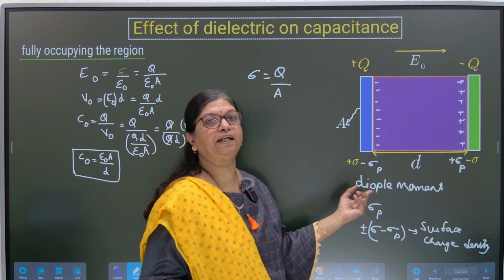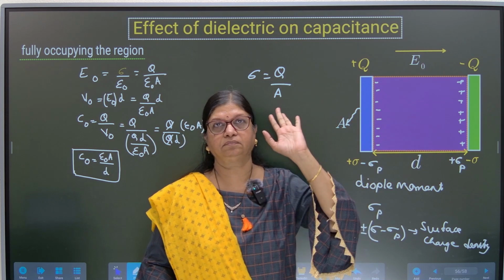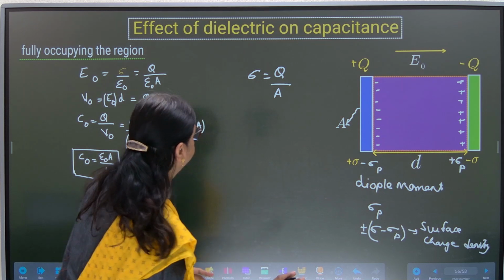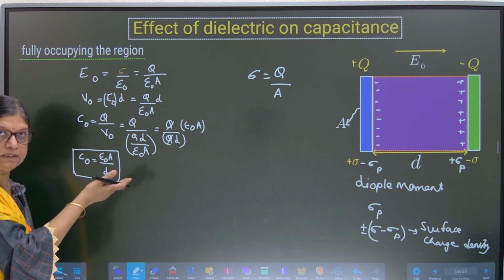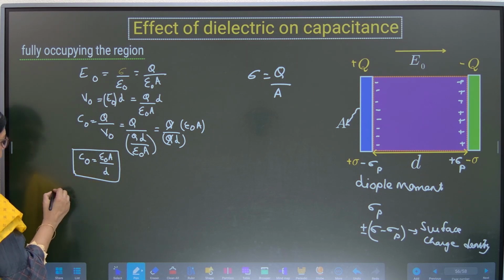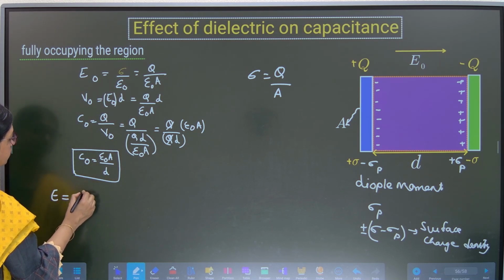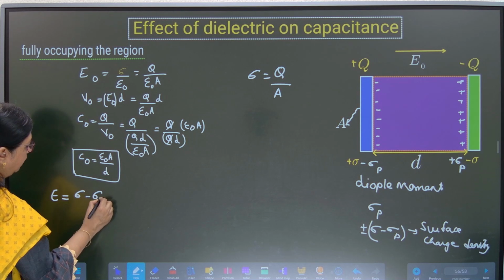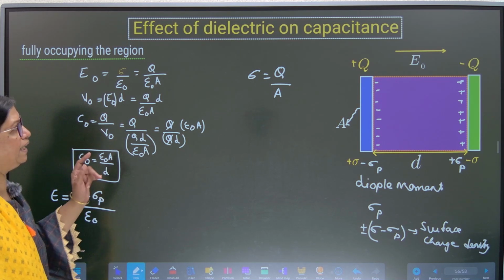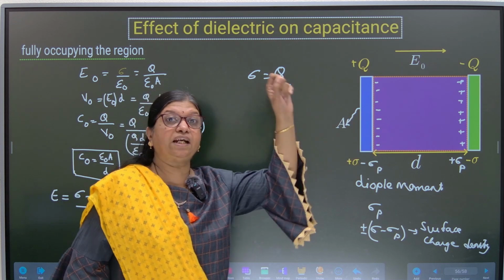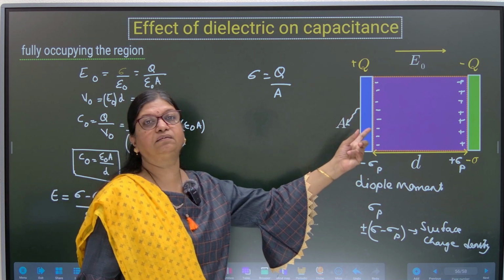Positive plate, negative sigma p; negative plate, positive sigma p. Fine. So, as I told, remember this step, we get E is equal to sigma minus sigma p upon epsilon naught. The electric field is reduced when the dielectric is placed.